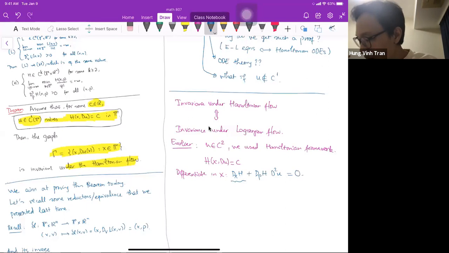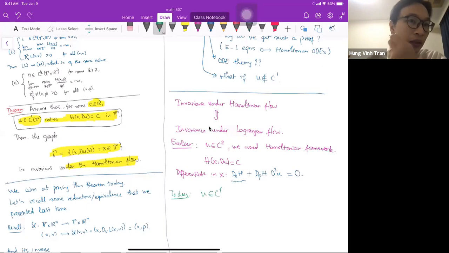So for today, we only have that U is C1, and then it's not possible to use the Hamiltonian framework directly, because we really don't know how to compute dx of H. To compute it, we have to differentiate the equation in x, and that is simply not possible because I don't have that U is C2. So it's a technical issue, but the real question is why it's better to use the Lagrangian framework.